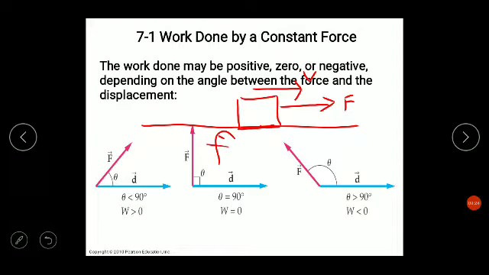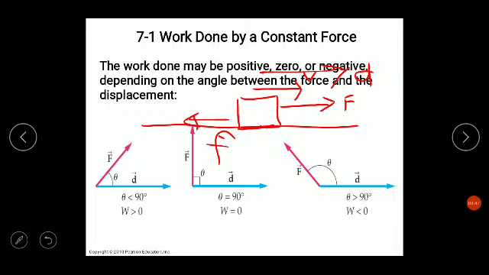And where is the friction directed? Well, the friction is directed to the left. So you have here the frictional force, and then you have there the displacement.